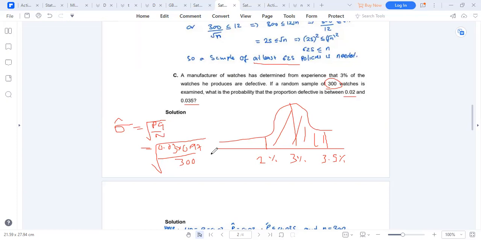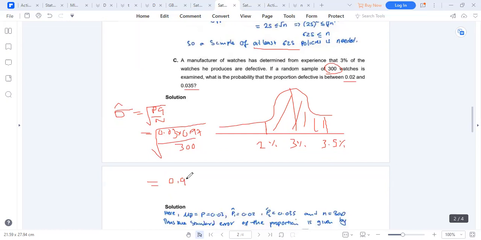What are you getting? 9.848. Mine is saying 9.84. The zeros in front, sorry, but it's 9.848, which is 0.00984.